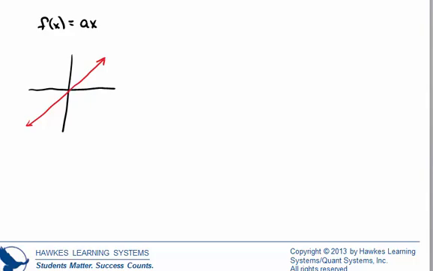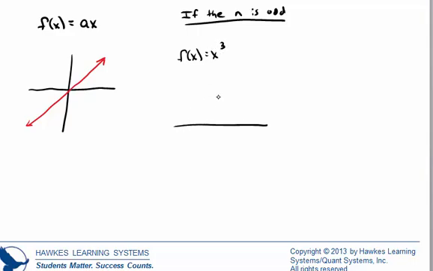So if the exponent is odd, we know that if it's to the first power, we get the linear graph. If it is to the third power, then the graph starts to take on this shape.